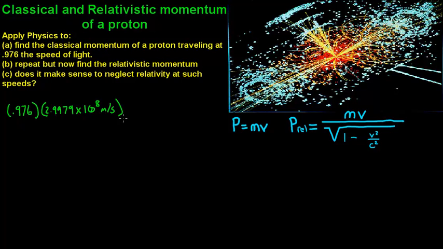Okay, and you're going to multiply that by the mass of the proton. And the mass of a proton is going to be 1.67265 times 10 to the negative 27th kilograms. Alright, so let's switch over to the calculator.